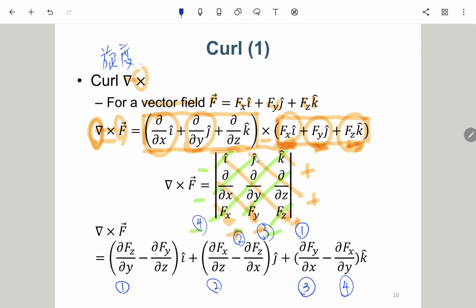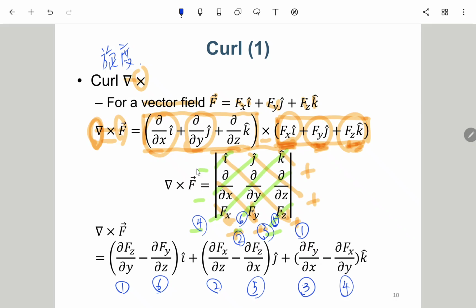And then j hat partial x fz, so j hat partial x goes to here, and then fz goes to here. This is the fifth term. And then finally i hat partial z fy, so i hat here, partial z, and then fy. So this is the sixth term.